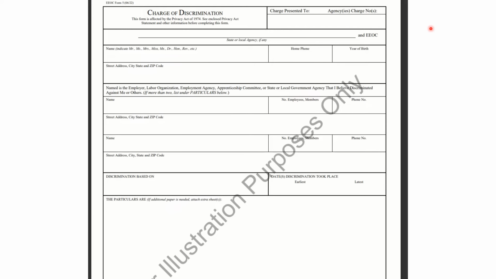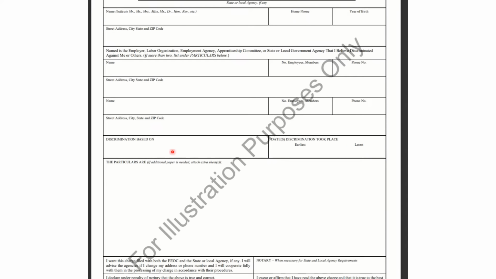Now, this form will accompany the form we just went over. And if I'm not mistaken, I believe it goes on top of that form. So you have your information here, self-explanatory, but here's where it's important, the particulars.